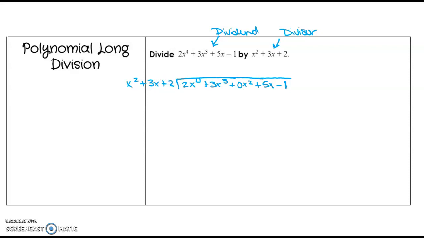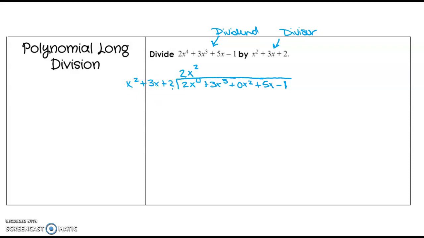All right, so now I'm asking myself, what can I multiply x squared by in order to get 2x to the 4th? And hopefully you answered that as 2x to the 2nd, because 2x to the 2nd power times x squared is going to give me 2x to the 4th. So when I multiply this through, I'm multiplying 2x squared times every single term in my divisor.